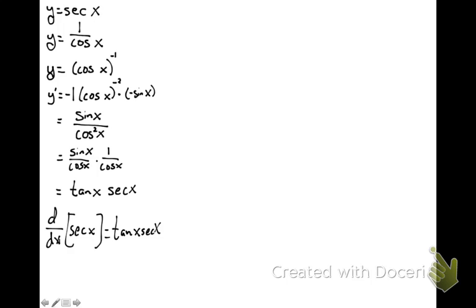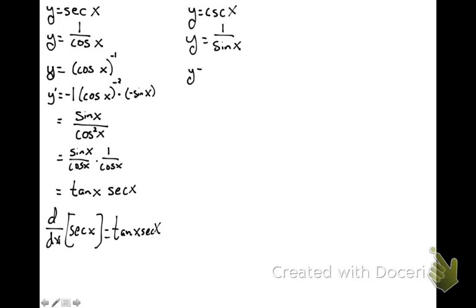There's two others we have yet to prove. The first is, what is the derivative of cosecant? Well, cosecant is the same as 1 over sine. And I'll do this like I did secant.